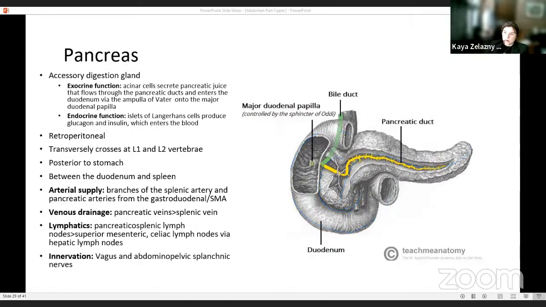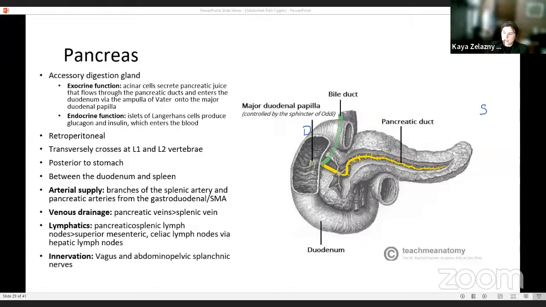So for arteries, we're going to have branches coming from the splenic artery as well as from the gastroduodenal artery. So our spleen was over here, right? Our stomach is lying anterior to this. This is our duodenum. So branches from the splenic artery, branches from the arterial flow to the stomach and duodenum are also going to the pancreas.